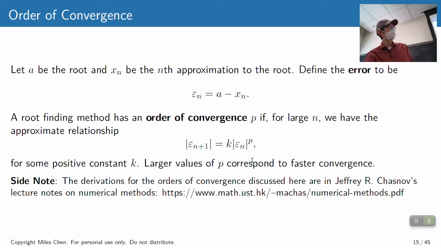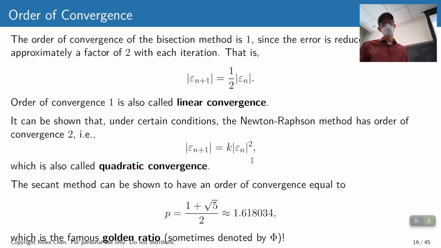Larger values of p correspond to faster order of convergence. Higher orders of convergence mean it's going to converge to that root even faster. We're going to skip all of the derivations and the math. This is just a high-level conceptual overview of this concept of order of convergence.